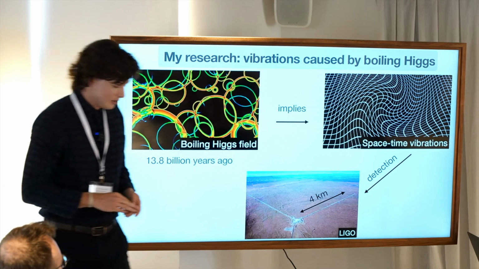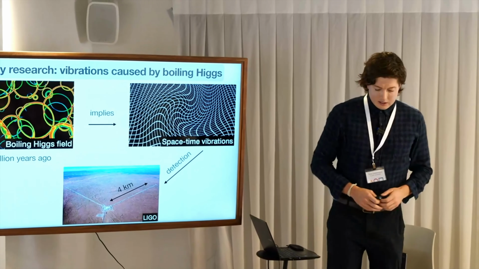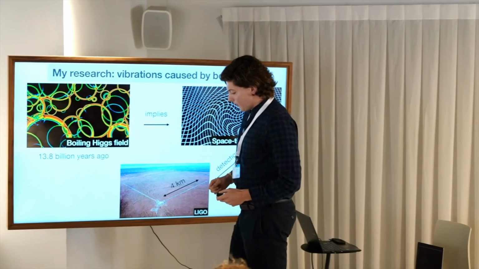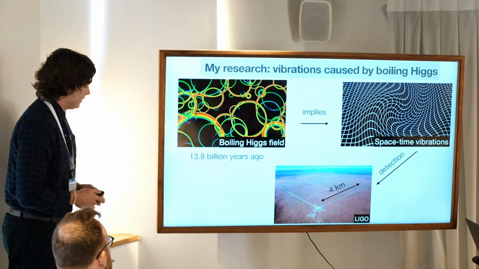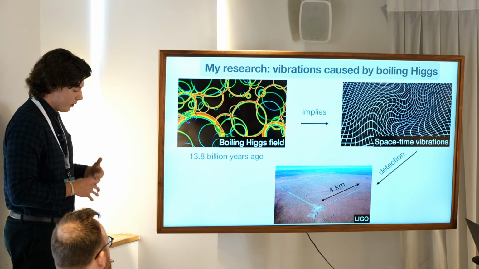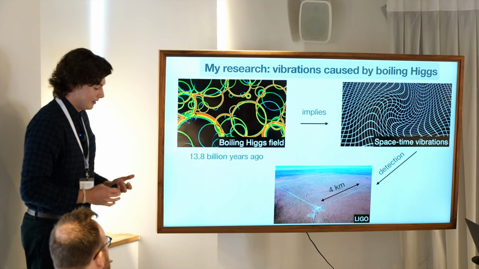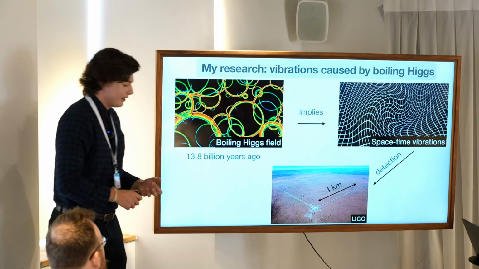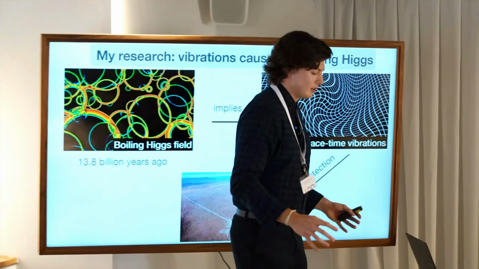And then for the last question, so what is it useful for? There is a problem in this theory of the Higgs field. There are a lot of things that we don't understand. There are a lot of puzzles, and this is related to the fact that gravity is the weakest force.